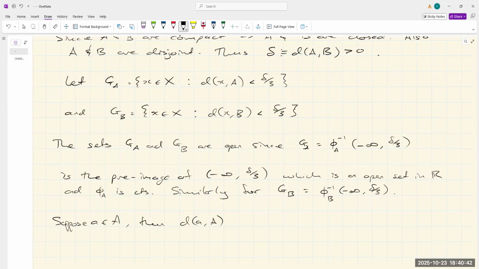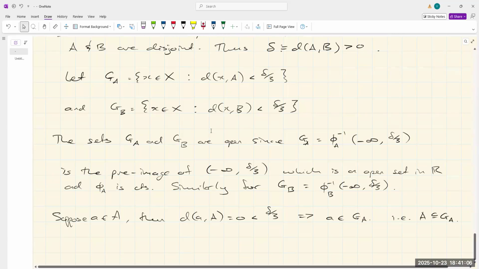Well, that's 0, because if I measure the distance between a point and the set, and that point is in the set, then the distance is 0. And 0 is obviously less than delta over 3. So that means that the point a is in GA. Okay, so that means A is a subset of GA.